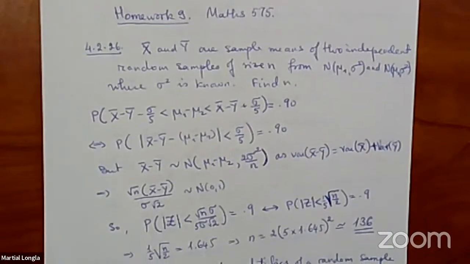So in the problems that we have here, the first question was about finding the sample size. Technically, if you remember what the confidence intervals were about, we need to find the distribution of a variable, not from the normal distribution, but from the multivariate normal distribution.